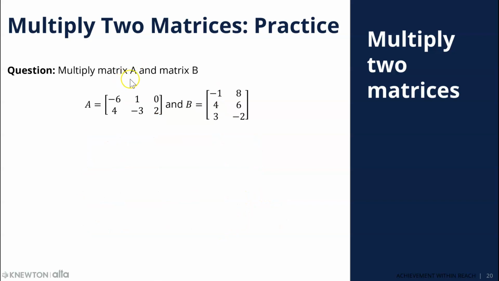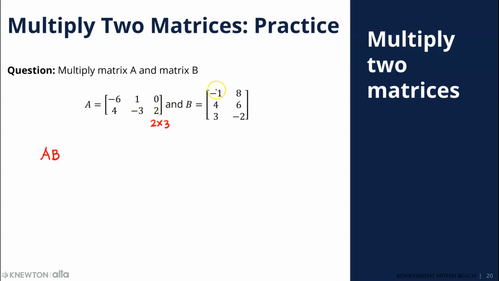Another example: multiply matrix A and matrix B, or find matrix AB. Now, before you proceed, you make sure to examine the dimensions of the given matrices. Matrix A is a 2 by 3 matrix, 2 rows, 3 columns.